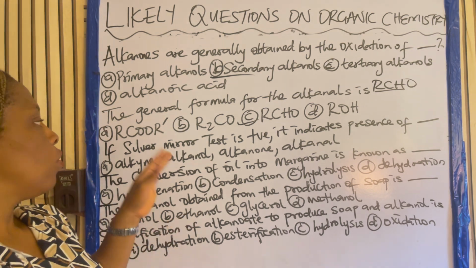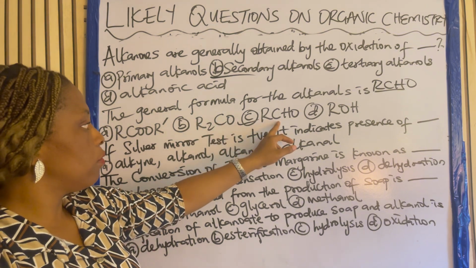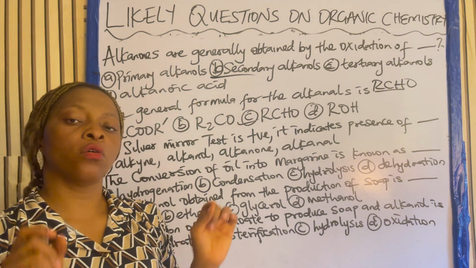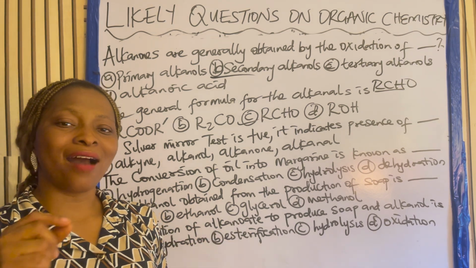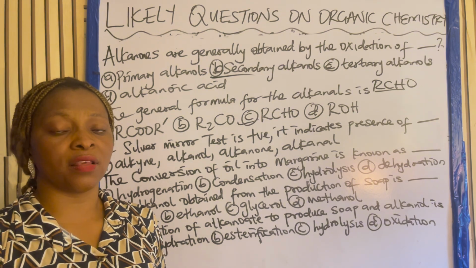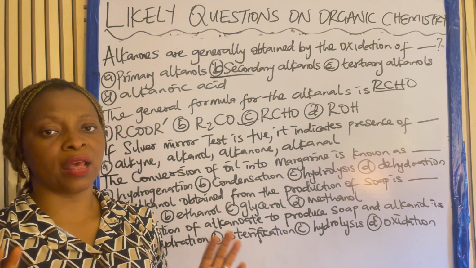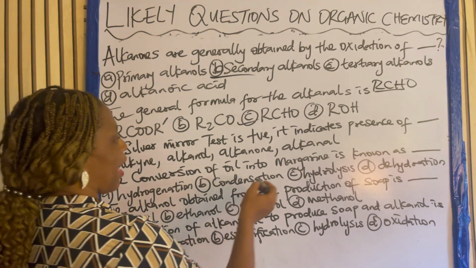So if you want to differentiate between alkanal and alkanones, you use what we call silver mirror test or Fehling solution. Alkanal will test positive in either solution, but alkanone will not. So which one will test positive here? Alkanal.